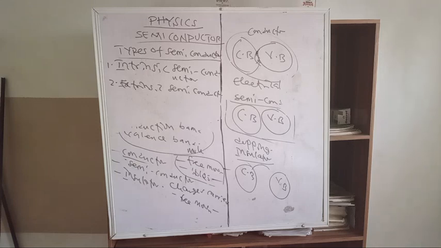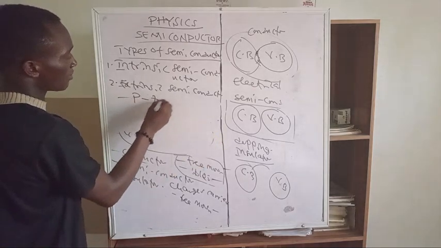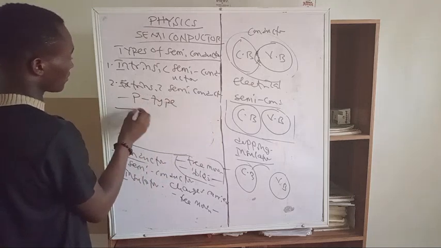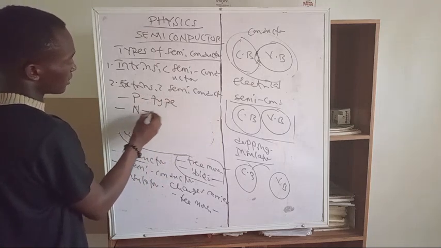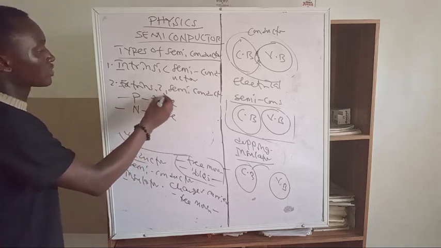The two types of extrinsic semiconductor are the P type, which means positive, and the N type. So extrinsic is divided into two.